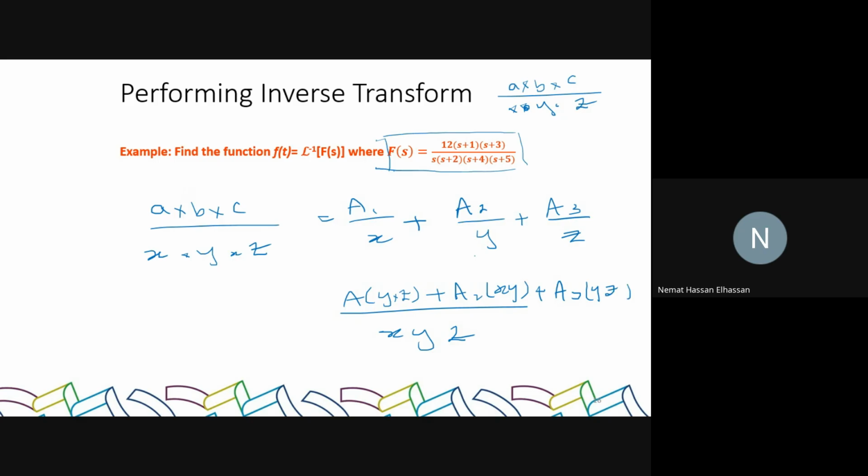You remember this? And this should be equal to this, right?